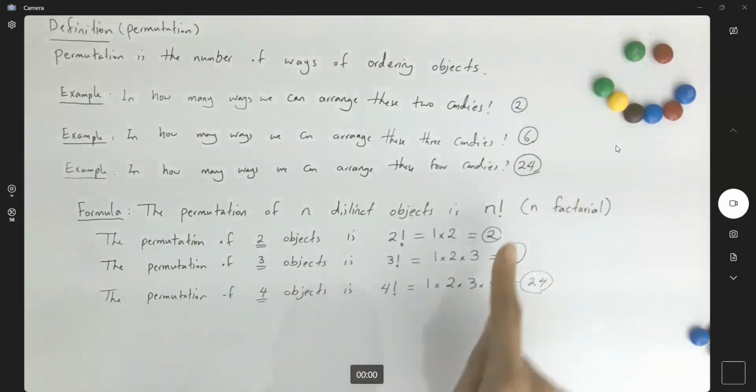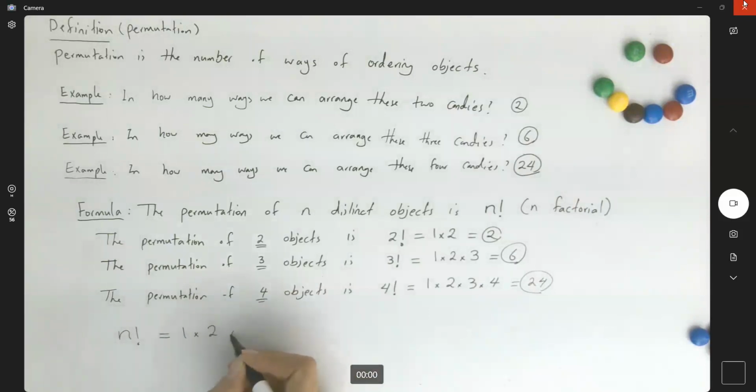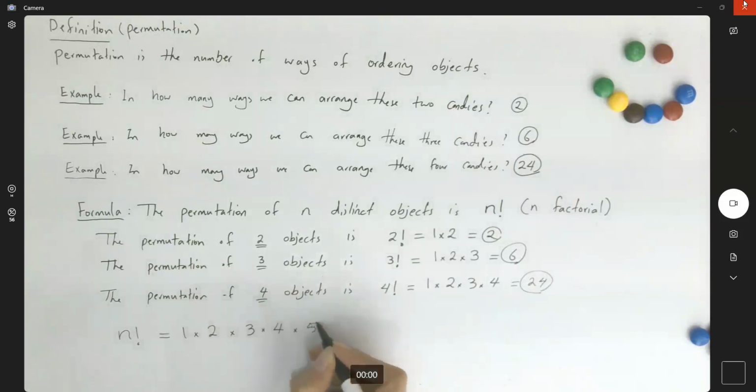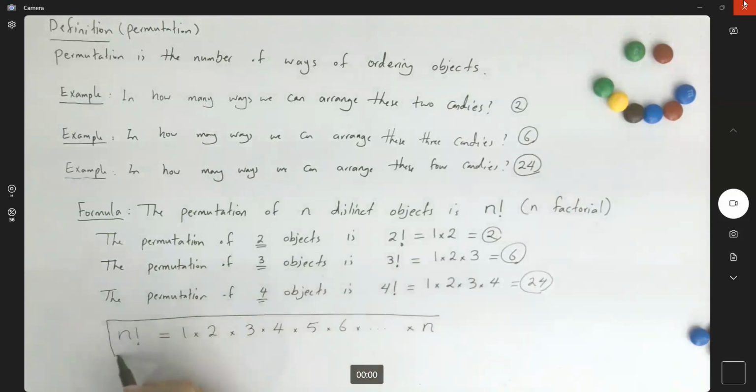So in general, n factorial is defined as 1 times 2 times 3 times 4 times 5 times 6, and you have to continue these multiplications and stop at n. So the number of permutations follows the formula n factorial.